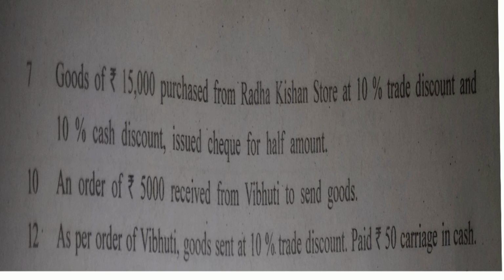So to Radha Kishan stores account 6,750. Radha Kishan stores becomes my creditor. This is the amount that I have not paid. Then I have given check. But on that I have received a discount. So to bank account, to discount account.